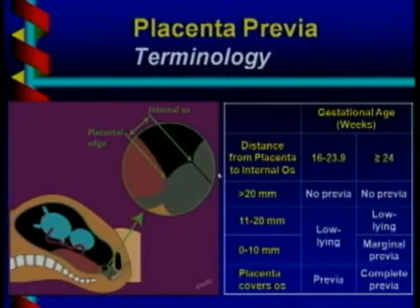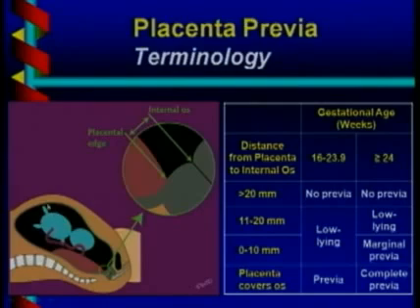This table at first sight looks a little complicated. It's not really that complicated. It indicates when we use the terms previa or marginal previa in ultrasound. So the key, this is a diagram of the pregnant uterus.